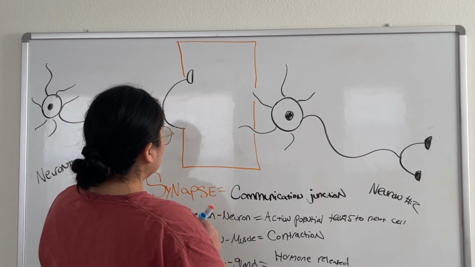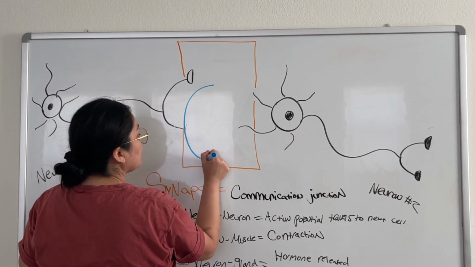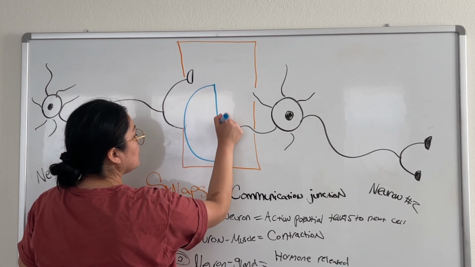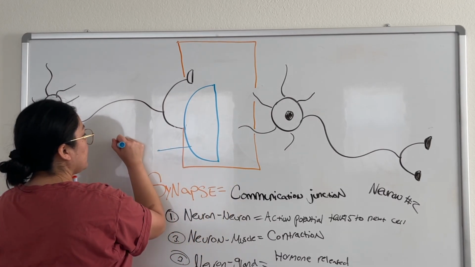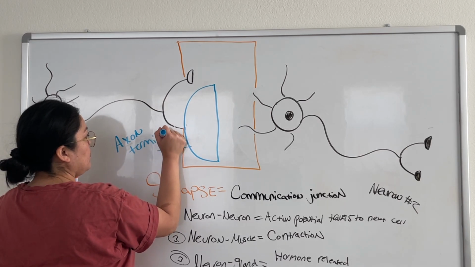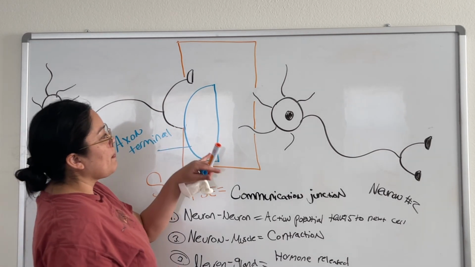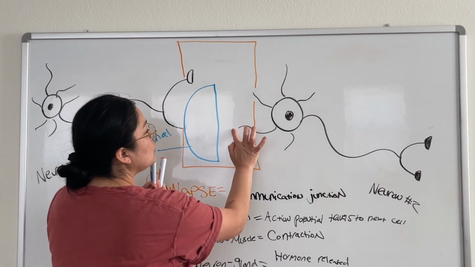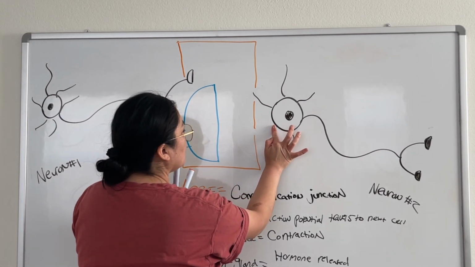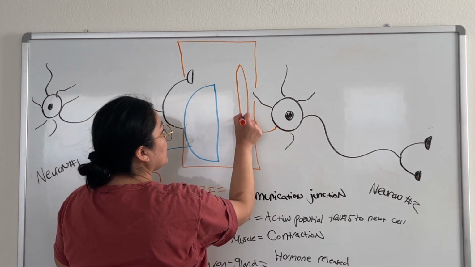So I'm actually going to make this axon terminal a little bigger. Make it look a little bit bigger, okay? And I'm going to make this dendrite of this second cell look a little bit bigger too, so that you can see what's going on here, okay?